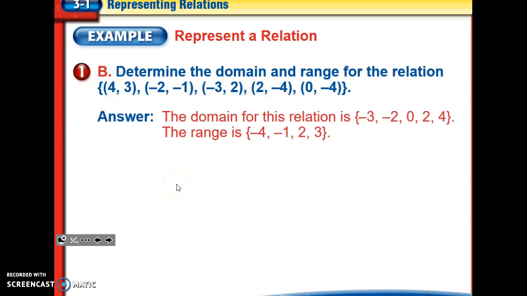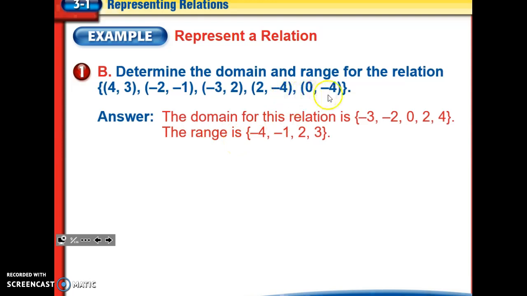So in this example, the domain is all my x values. When we list them, we use the brackets, and we also list them in order from least to greatest. So -3, -2, 0, +2, and +4.